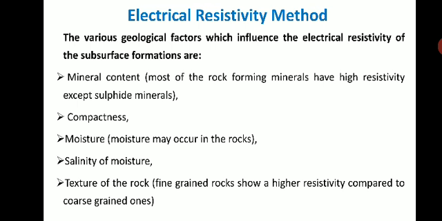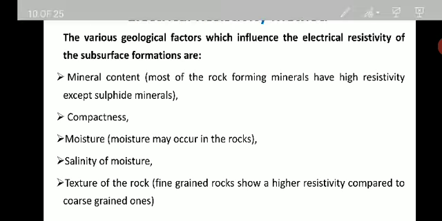So the grain size or the texture of the rock also affects the electrical resistivity of the formations. These are all the factors which influence the electrical resistivity of the formations below the surface.